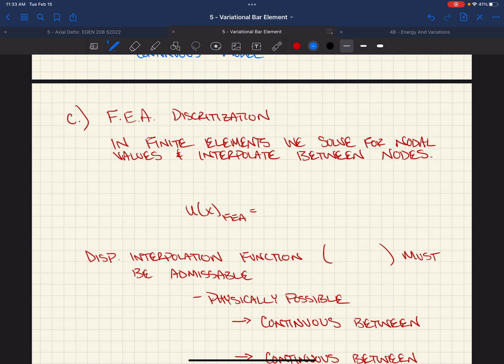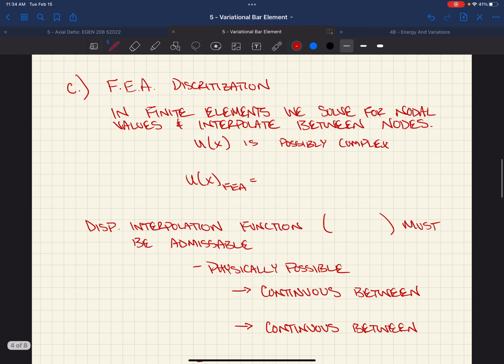U sub x can be possibly complex. Not so much in our bar element here, but when we're deriving lots of these, it could be possibly complex.